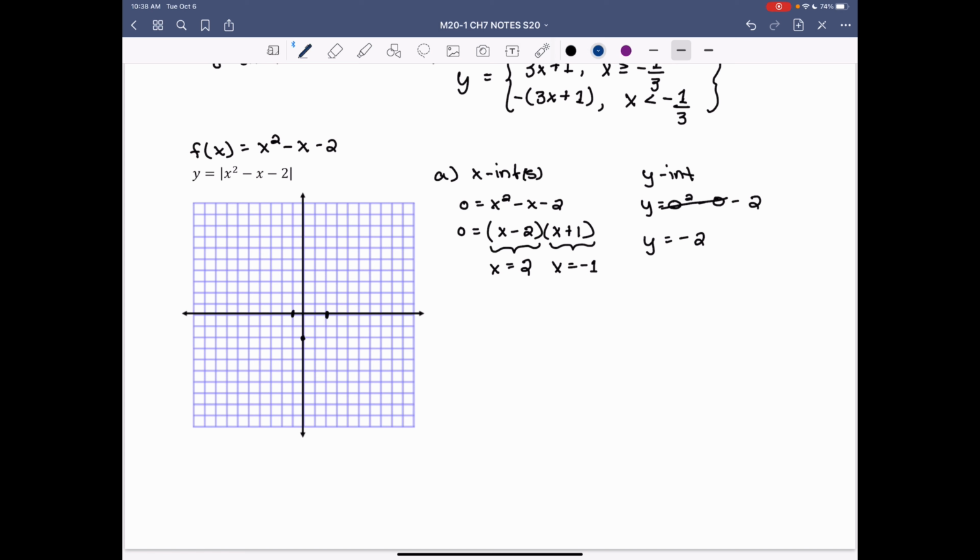The a value would be positive 1 because it's x squared, so 1x squared. So it's going to look something like this. There's a quick sketch of our function f of x equals x squared minus x minus 2.